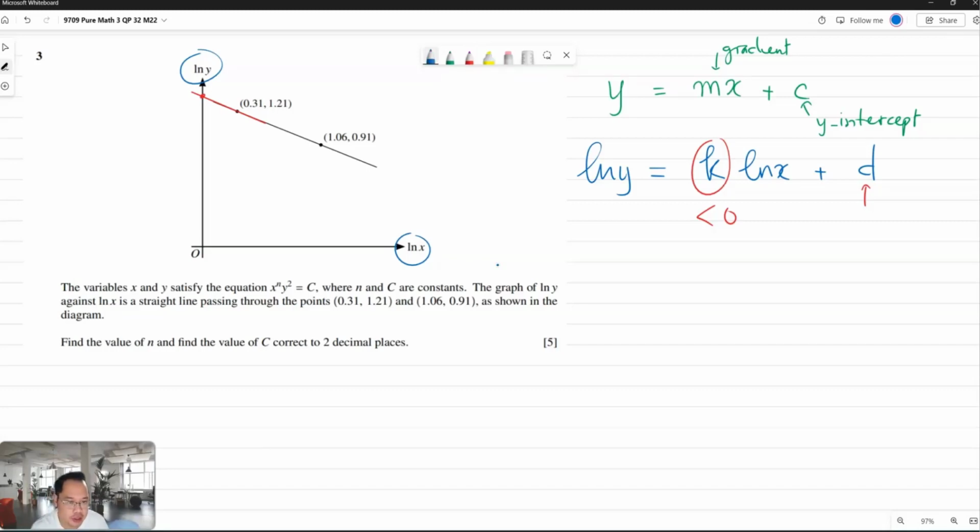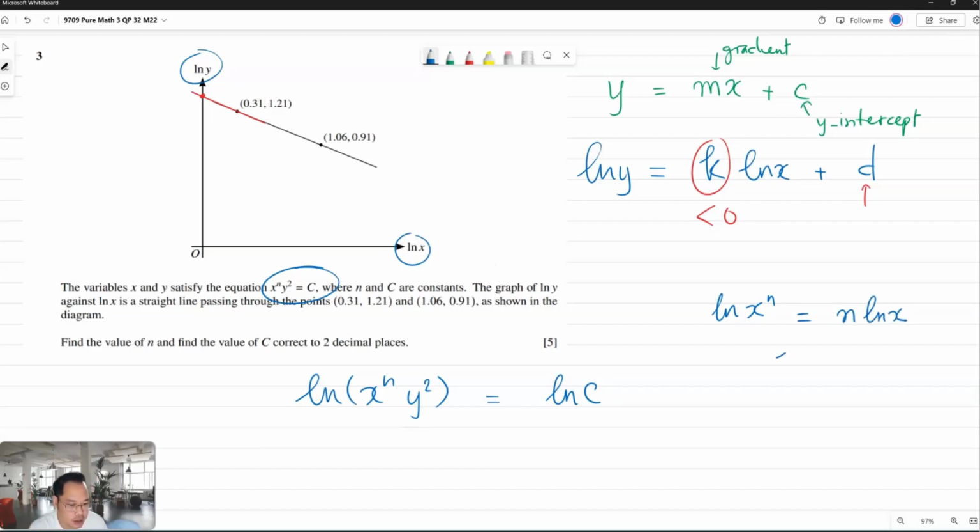So to have this relationship, we start from this given equation. We need to take the ln of this equation, which means ln of x power n y squared equal to ln of the constant c. The next step, we will use the property of the ln function, which is ln of x power n will be equal to n, we bring the power down, times ln x.